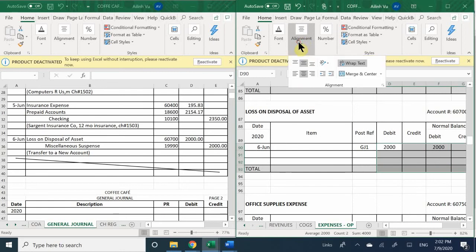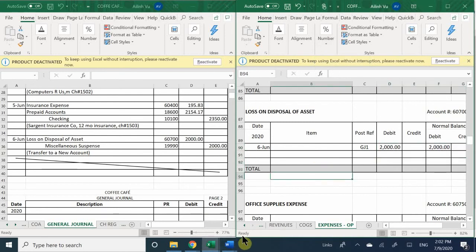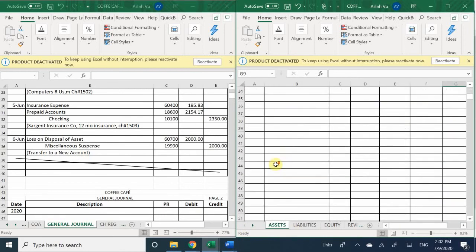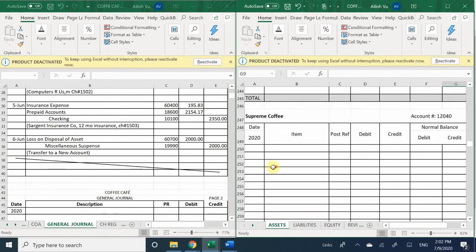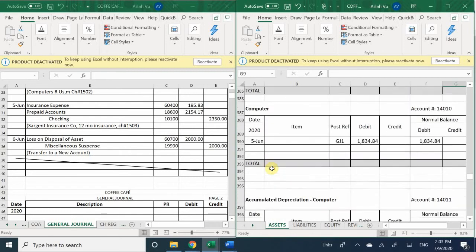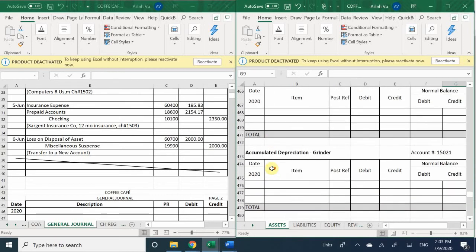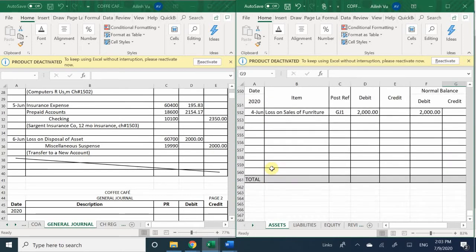Okay, so I'm going to go ahead and highlight this and change it to comma. Okay, good. Now we need to go to our assets and we need to update our miscellaneous suspense. That should be page 16 for you guys. Okay. Miscellaneous suspense.